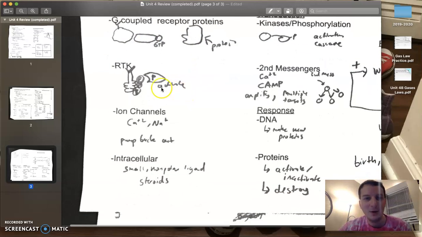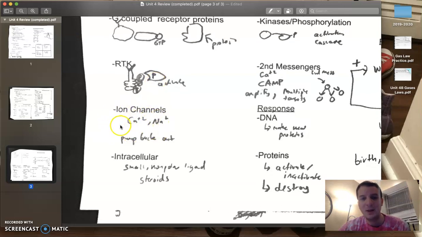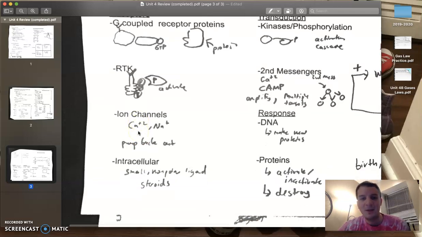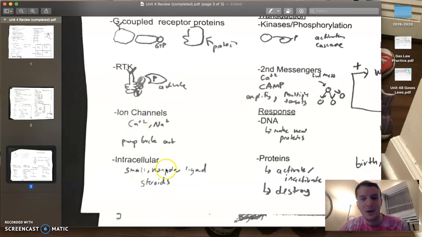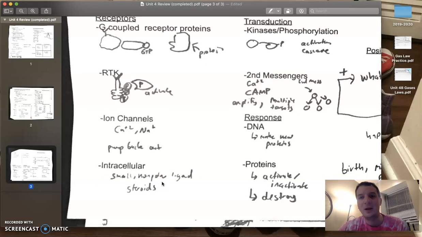The RTK proteins that will be phosphorylated, and they can activate other proteins, and then ion channels can let ions in, which can also alter cell function. But remember, you have to pump those back out in order to reset it. And then finally, intracellular, so small nonpolar ligands like steroids can go through the membrane, and they can bind inside of the cytoplasm.